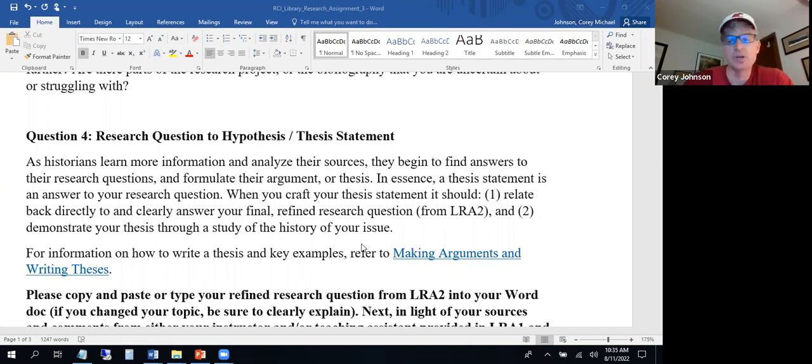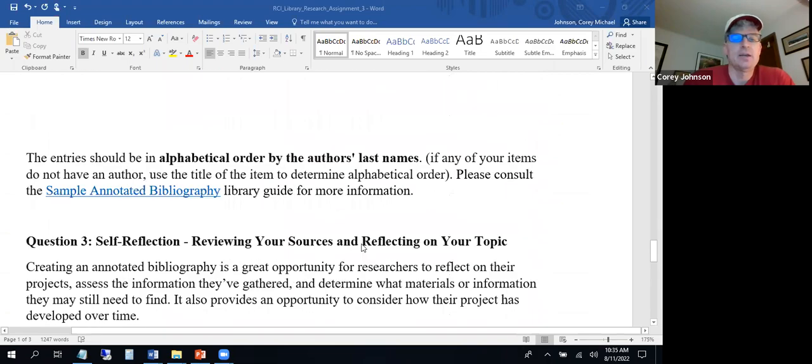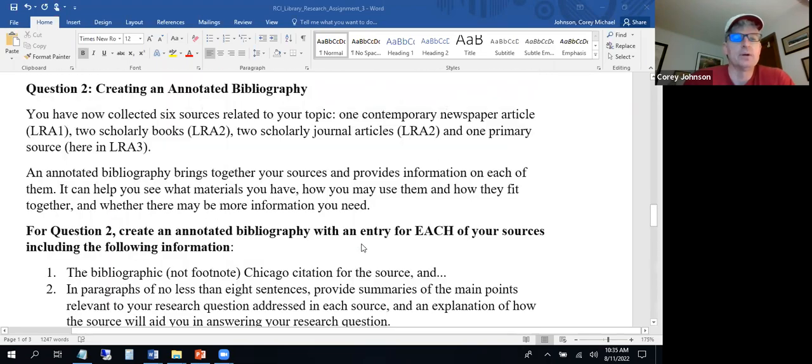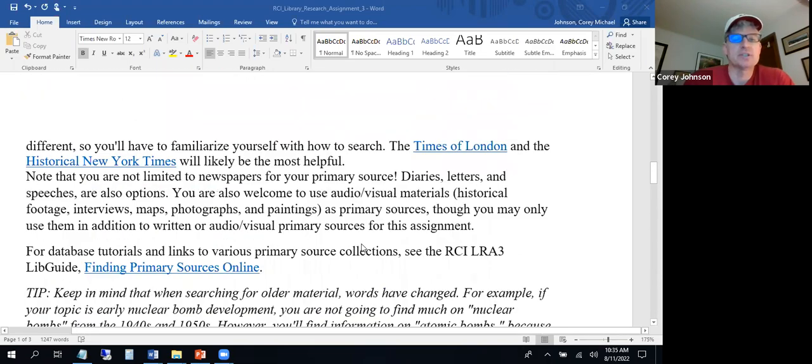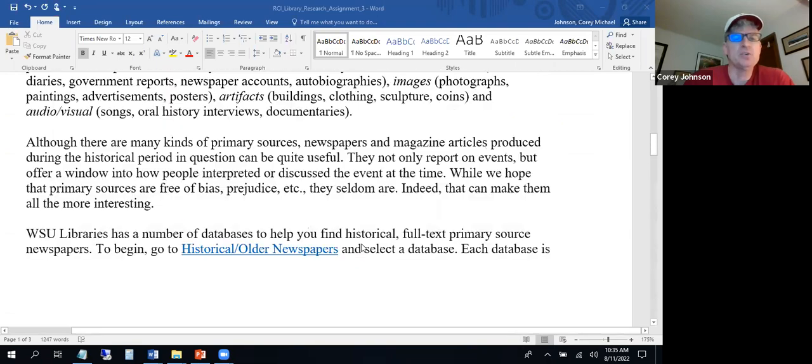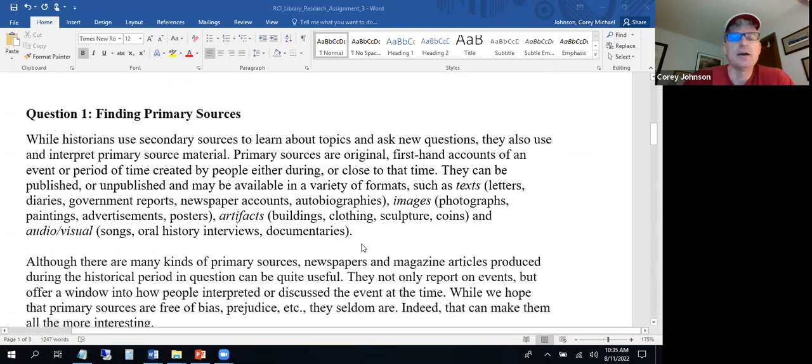And an answer to your research question is essentially your hypothesis or the rough draft, if you will, of the thesis statement for your final paper. So those are the 4 questions. So let's talk about primary sources.